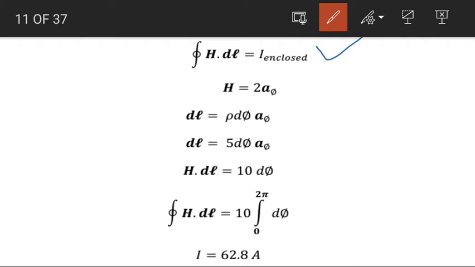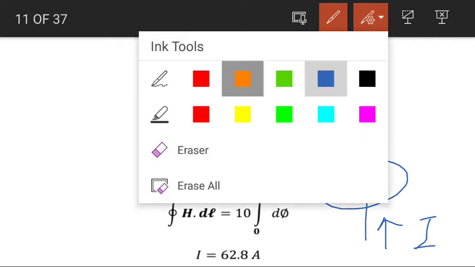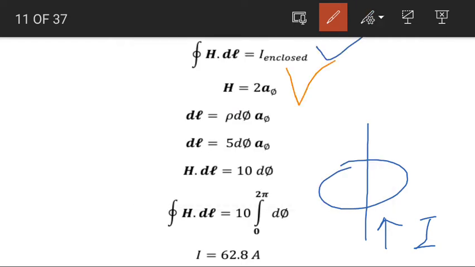So if we consider a circular path of radius rho around this current carrying conductor, the entire conductor will be located inside the closed circular path, and it means that the current inside the closed path will be equal to the current in this conductor. Now the magnetic field intensity is given, which is 2 a phi ampere per meter.